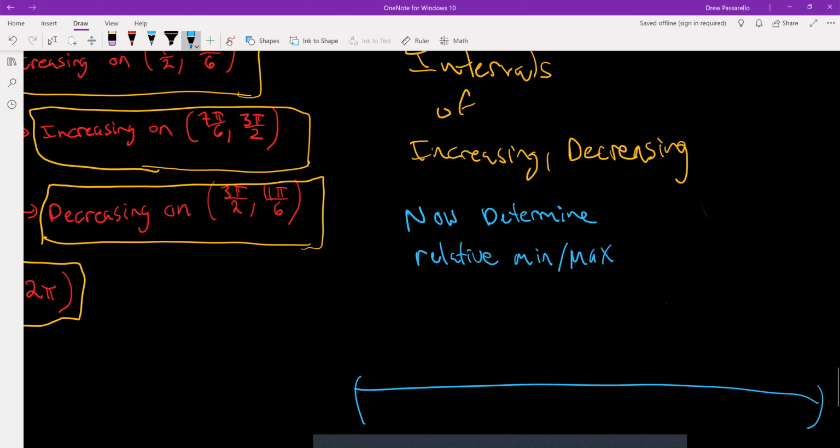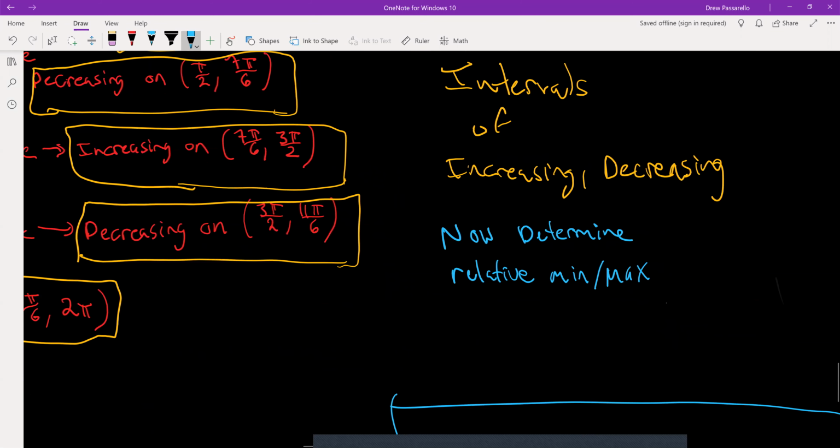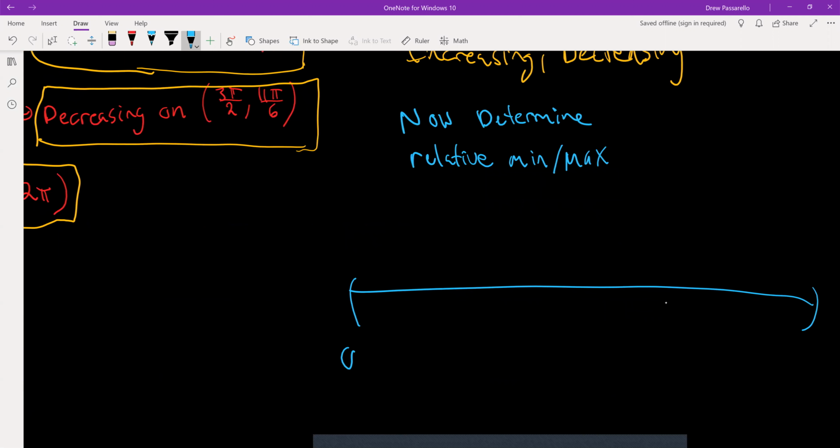Let's see, so we had pi over 2, 7 pi over 6, 3 pi over 2, 11 pi over 6.